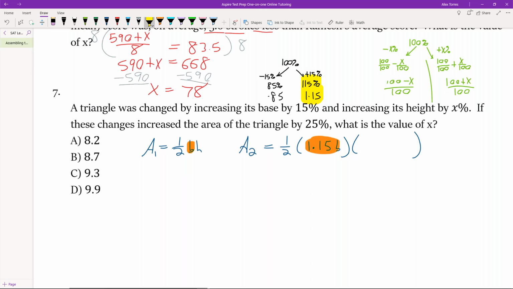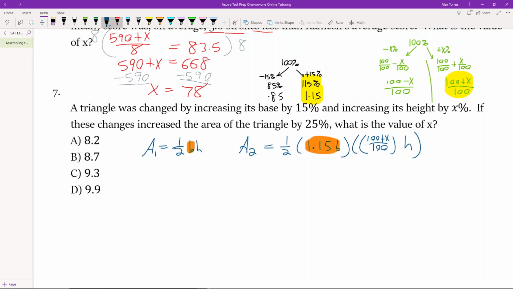If I'm adding x percent, it's 100 plus x over 100. There are a couple more complicated ways to show that, believe it or not. But anyway, for the height, this is being increased by x percent, so we multiply by 100 plus x over 100. So those are our expressions for each of the areas, area 1 and area 2.